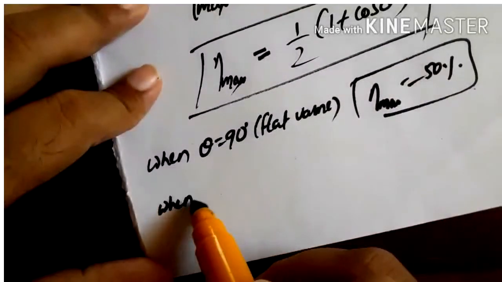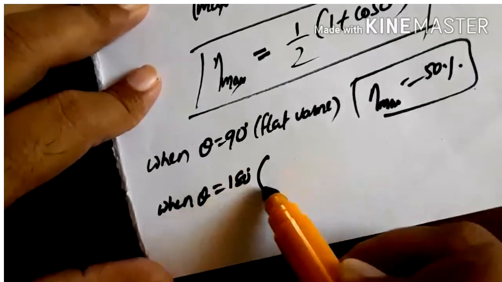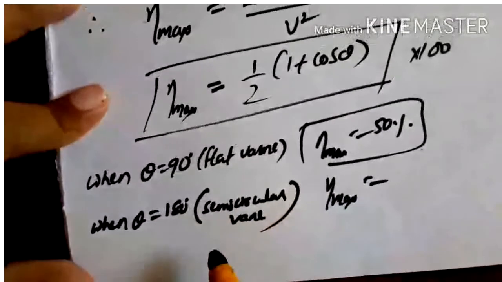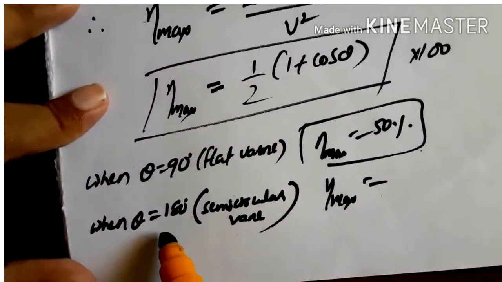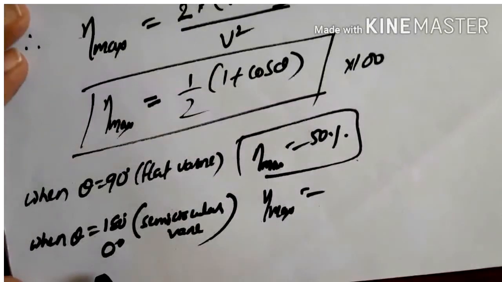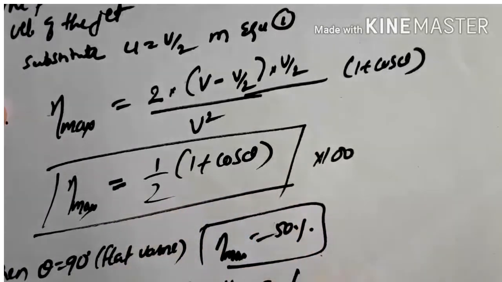When theta is 180 degrees, this is for a semicircular vane. You get the efficiency when theta is 180 degrees or 0 degrees. For 0 degrees, what is cos 0? Cos 0 is 1, so you will get 100% efficiency.